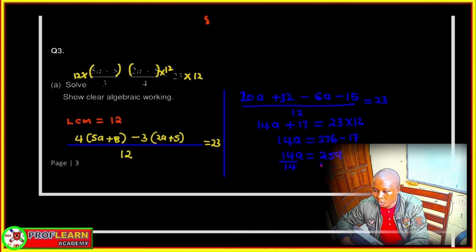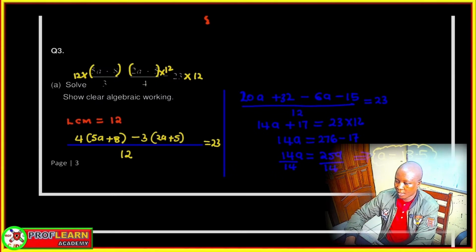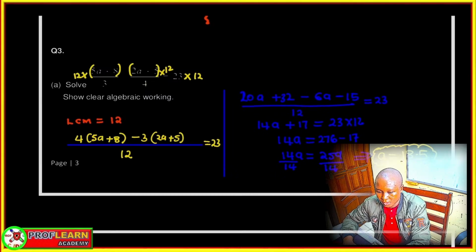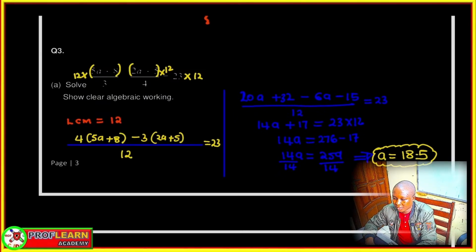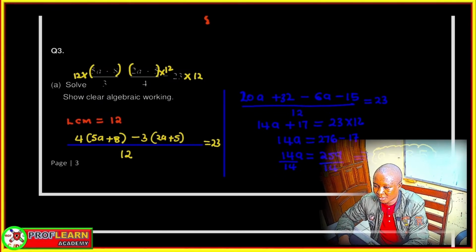So 259 divided by 14 is going to be 18.5. I believe it's a bit clear there. You can be able to see that.